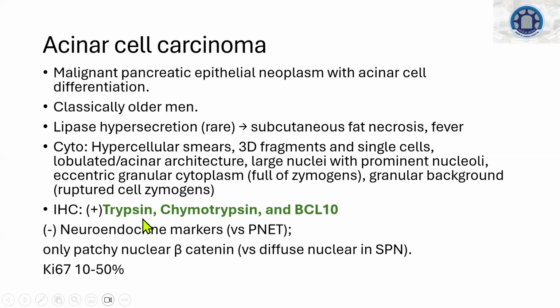Now, IHC is one thing which you have to write in your exams, and even in clinical practice. They will usually be positive for trypsin, chymotrypsin, and BCL10, whereas for NETs, neuroendocrine markers will be positive. For SPEN, beta-catenin will be positive, and Ki-67 will be around 10 to 50%. But this IHC is important: trypsin, chymotrypsin, BCL10.